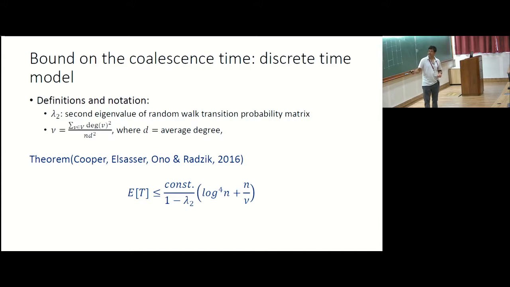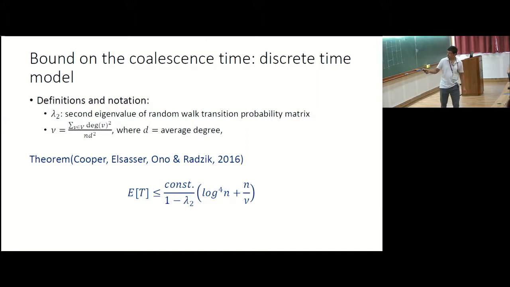So that scales as 1 over 1 minus lambda, so 1 over the spectral gap, times a log to the 4 n. This may not be optimal, but some log n to something is what you would expect. And then there's this other term that comes out, n over nu. You have n squared?